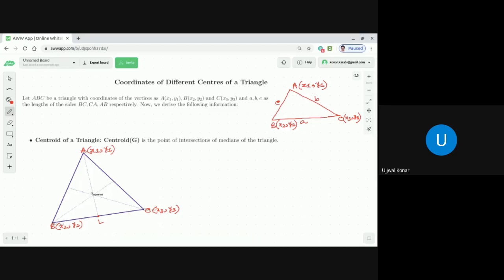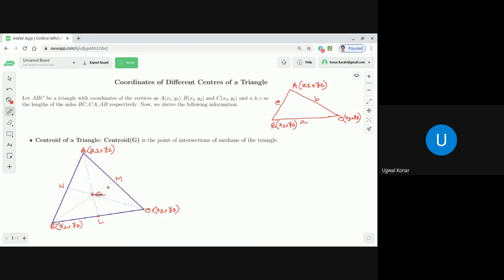Similarly, BM is also a median, where M is the midpoint of AC, and CN is also a median, where N is the midpoint of AB. These three medians, AL, BM, and CN, intersect at a point, and that point is known as the centroid. It is denoted by G.